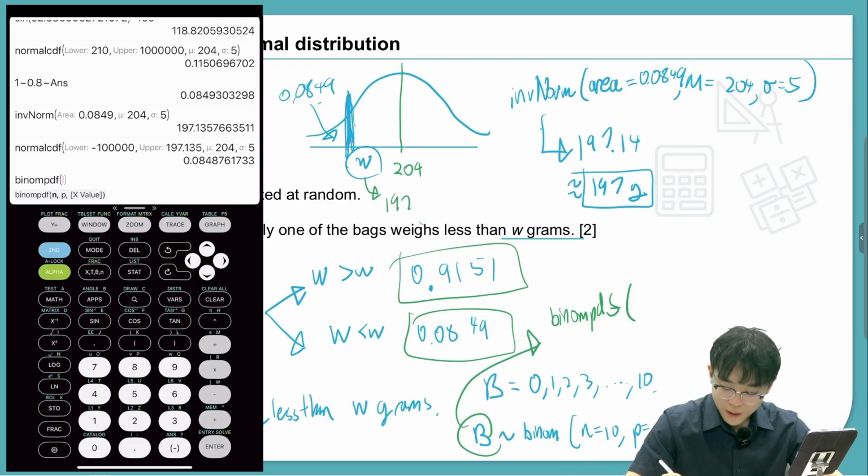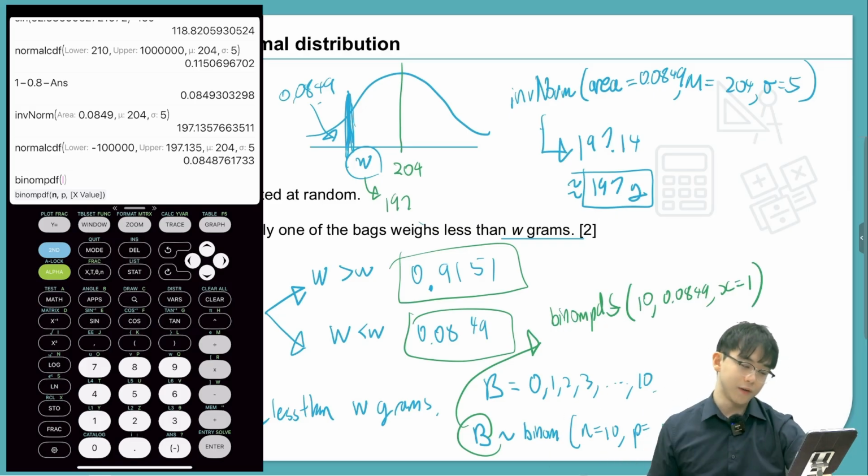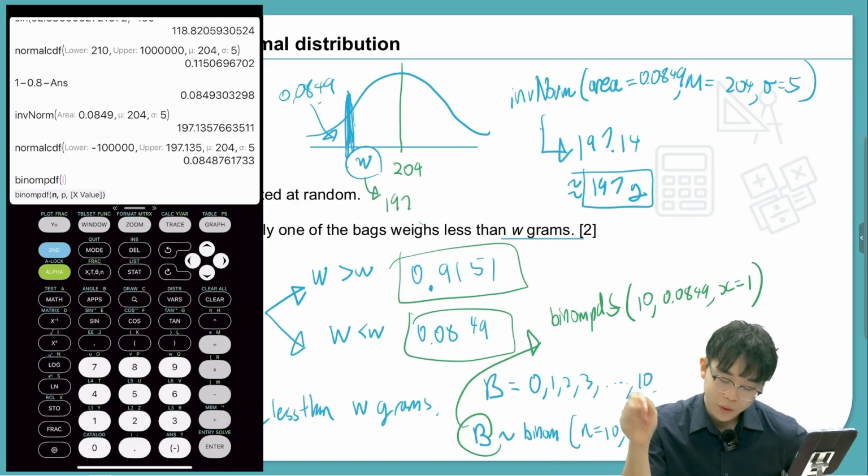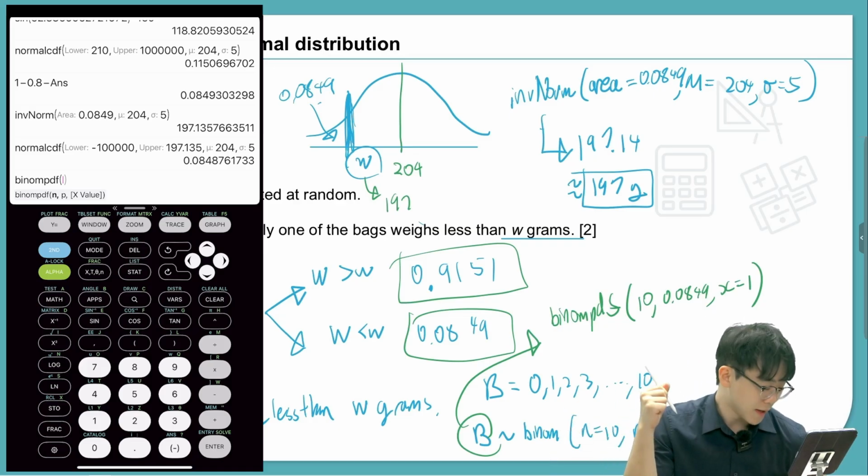Okay, so for a binomial distribution where the number of trials is 10 and the probability of success is 0.0849, we're going to ask what's the chance that our X is going to be 1, right? So where we're going to observe one instance of success. So 1 will be lighter, 9 will be heavier than W grams.